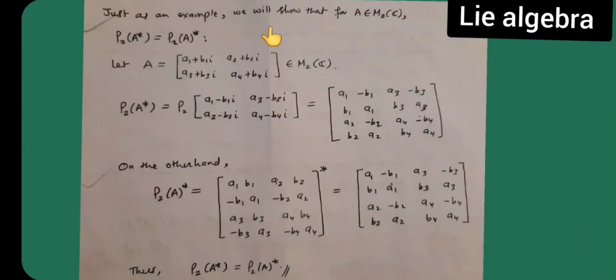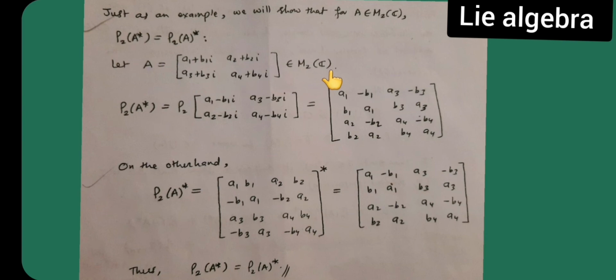In this example we'll show that for A belonging to M2 of C, complex, rho 2 of A star is equal to rho 2 of A, star outside. Let me take my A, this is a 2 into 2 matrix, right?